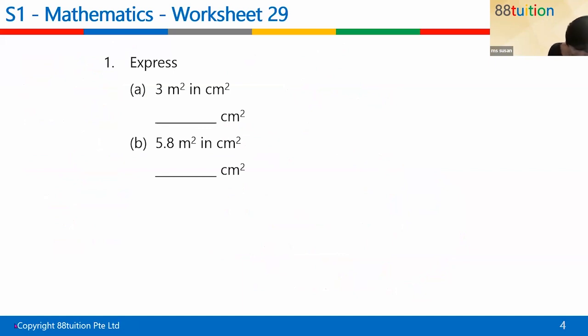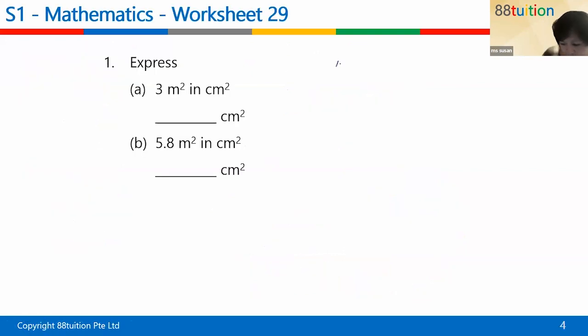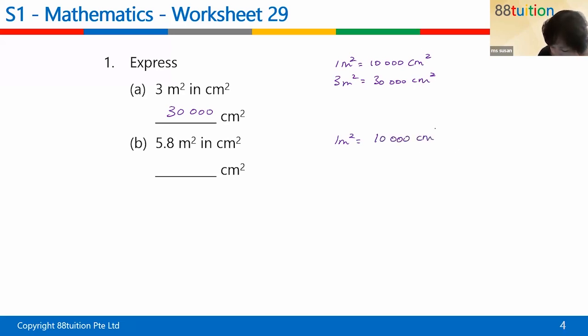Earlier on in the previous slide, we have this formula: 1 meter square is equal to 10,000 centimeter square. So in order to find 3 meters square, you will have 30,000 cm square. Then how about 5.8 meters square?